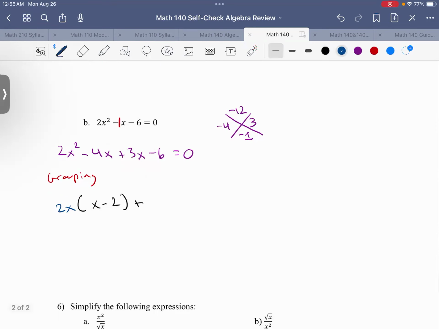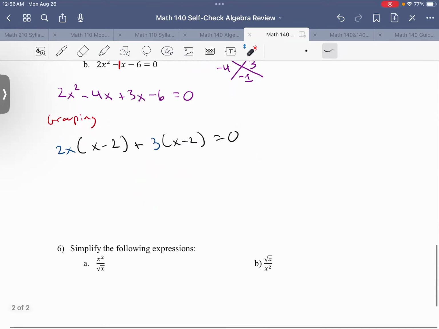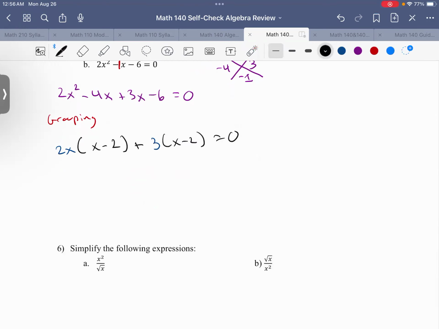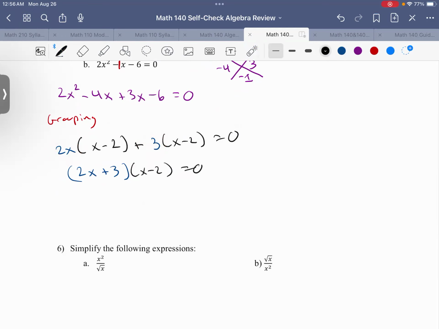So plus 3 times x minus 2. These are the same, so that's good. That means you were doing it right. And now I have my factored expression: 2x plus 3, remember, the other expression is the things you factored out, and then x minus 2 equals 0.